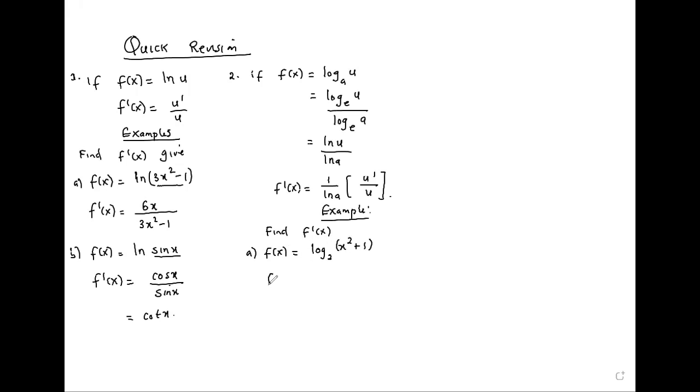So you say the derivative of this is equal to 1 over ln 2. Then you differentiate x squared, you get 2x, you differentiate 1, you get 0, over x squared plus 1.